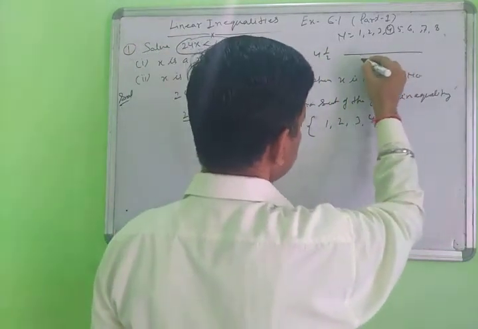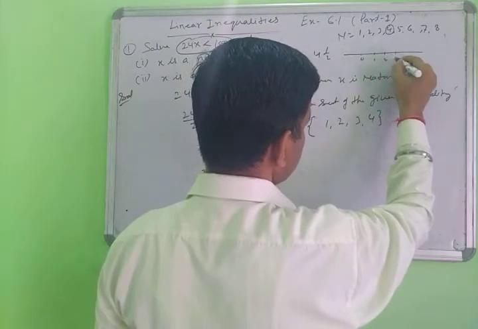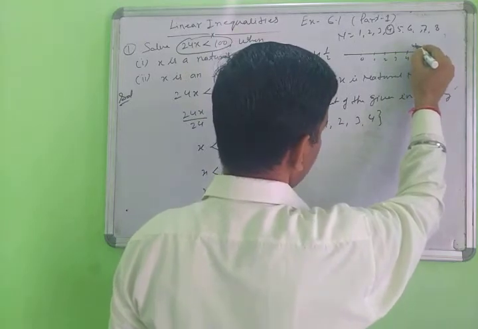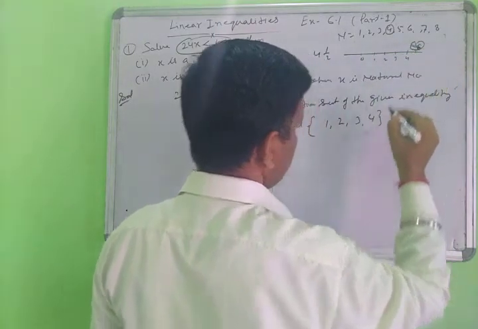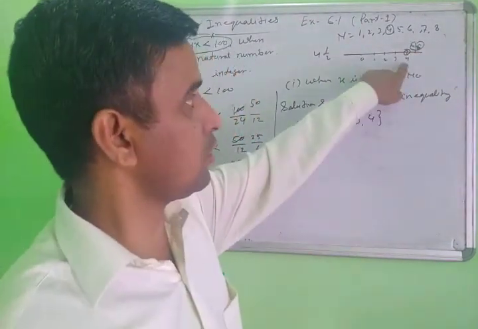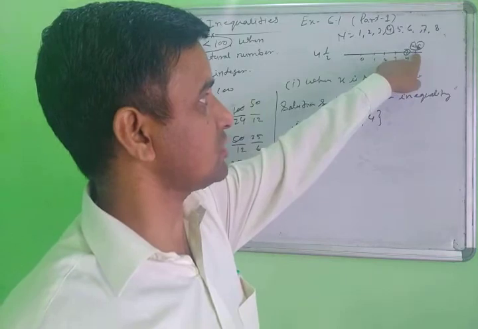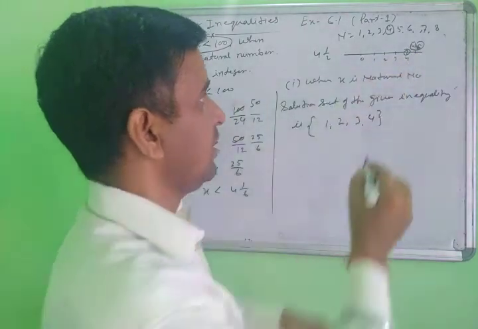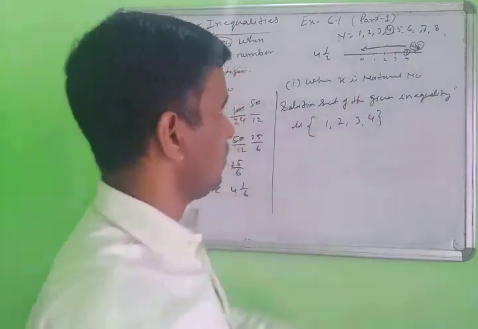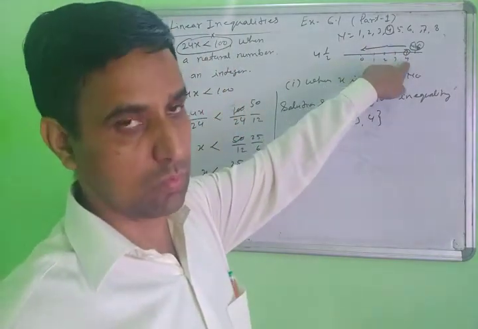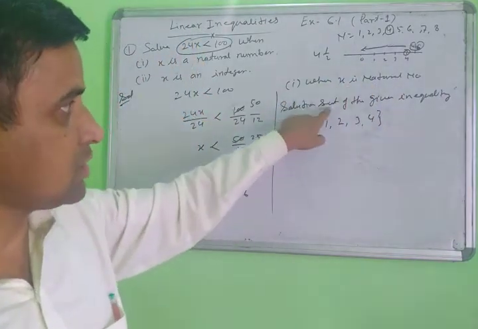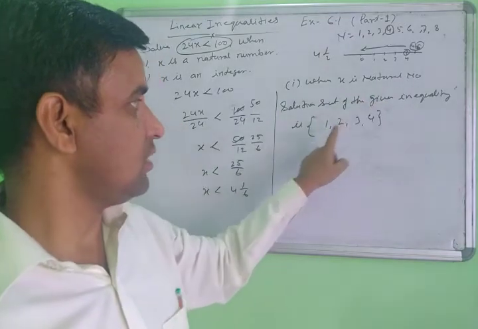On the number line, suppose 0, 1, 2, 3, 4, and this is 1 by 6, the position of 4 whole 1 by 6. Less than this means including 4. Between 0 and this, there are 1, 2, 3, 4. So when x is the natural number, the solution set of the given inequality is 1, 2, 3, 4.